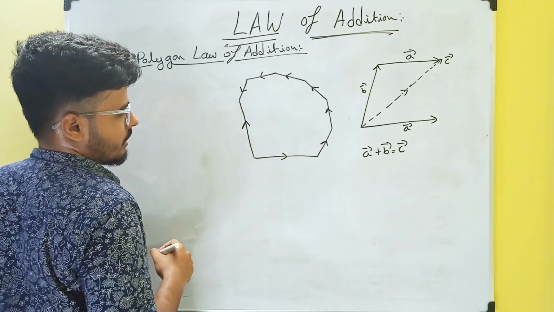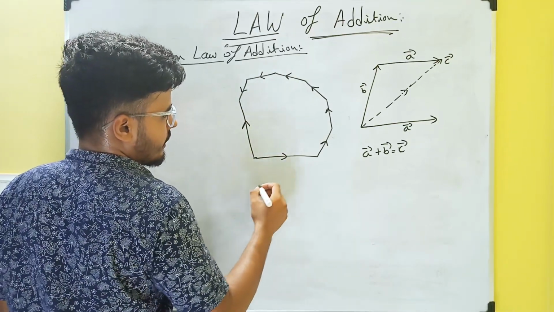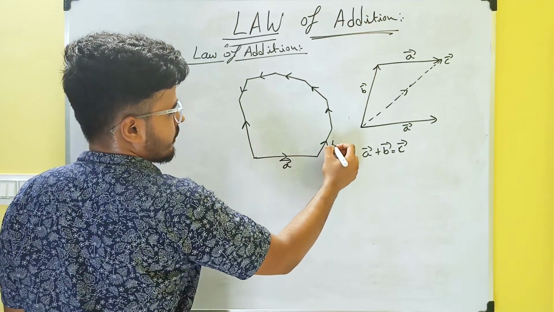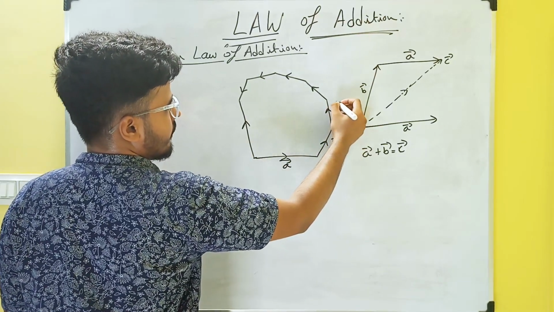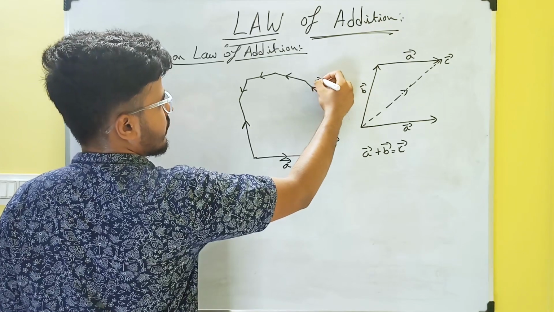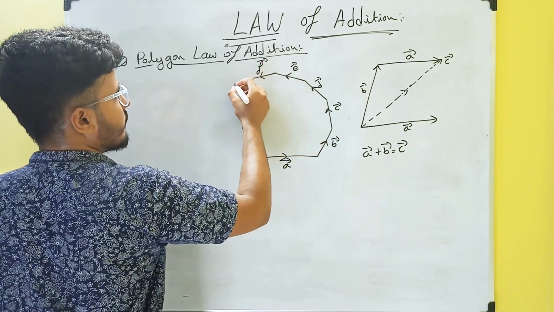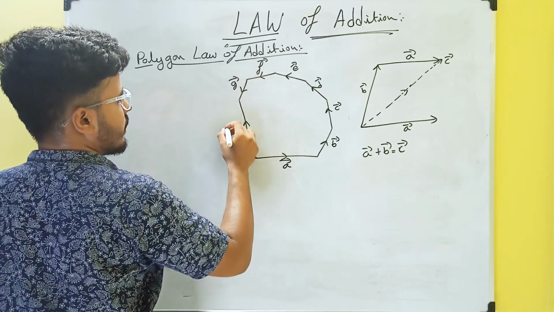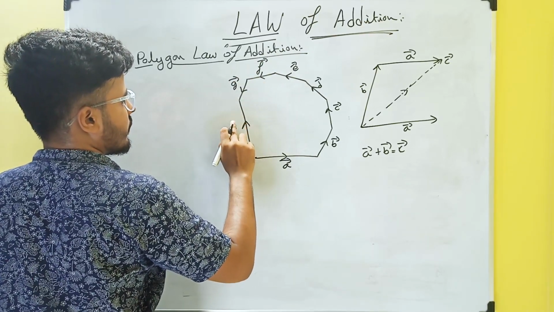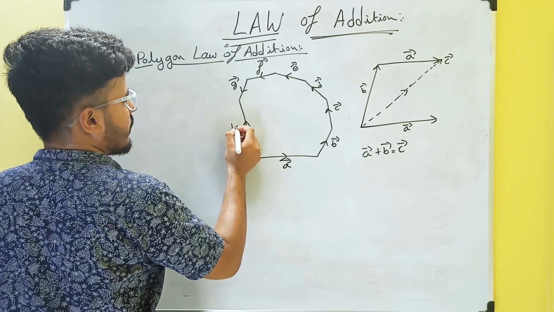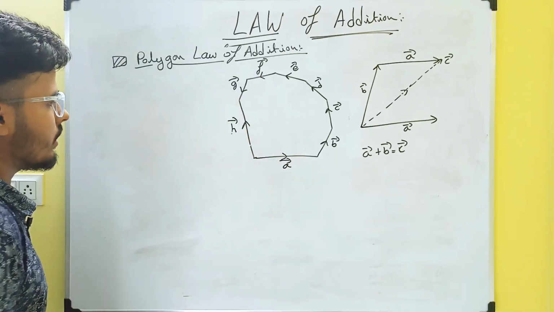This one is the opposite direction. Let's say this one is A vector, B vector, C vector, D, E, F, G. This one is H vector. Okay.